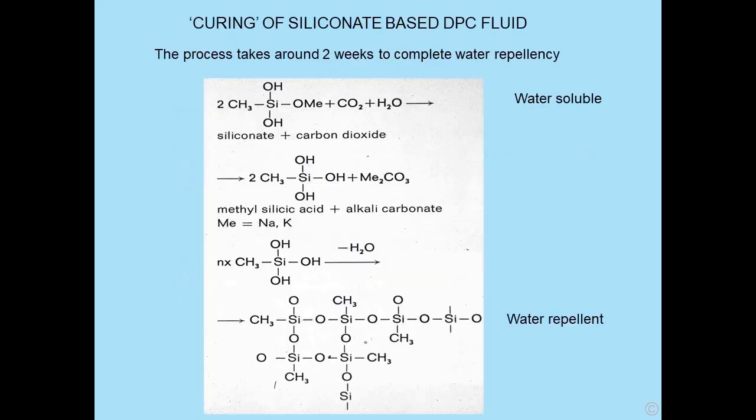So how do they work? Well, the process takes around 2 weeks to complete. We start off with the siliconate, a water-soluble material, which reacts with carbon dioxide and goes through a process, and we come across the material at the bottom, which is a water-repellent silicone resin.